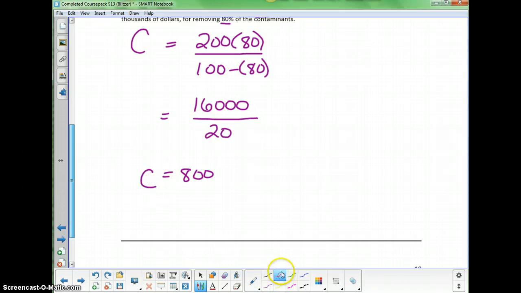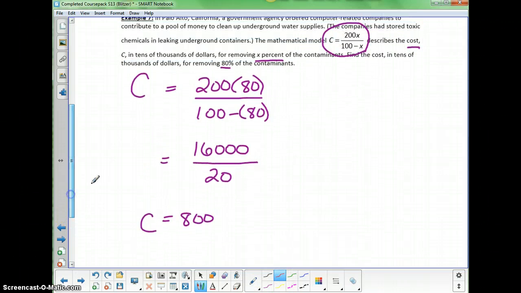Alright, and we need our units right here. So let's go back and look. Cost is supposed to be in tens of thousands of dollars. So that's 800 tens of thousands of dollars. Which sounds a little bit weird. Maybe we can put some more zeros on there to make this make sense.